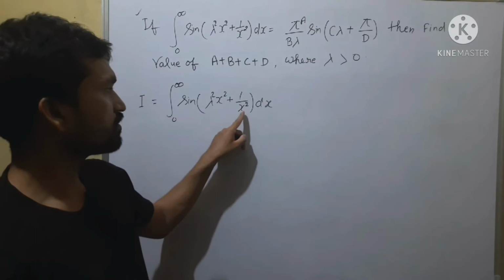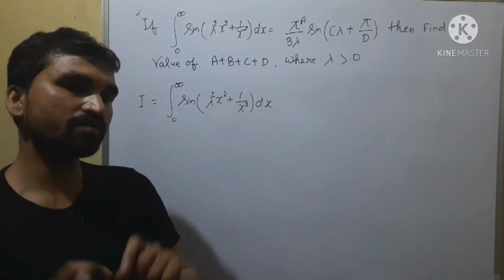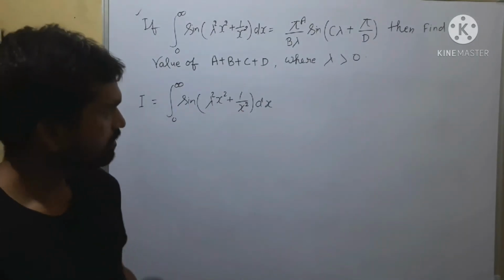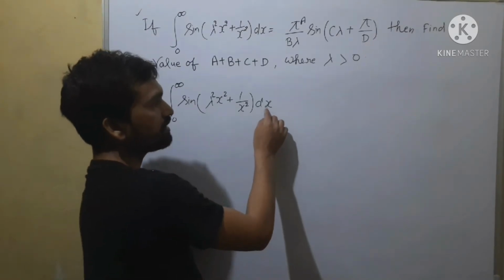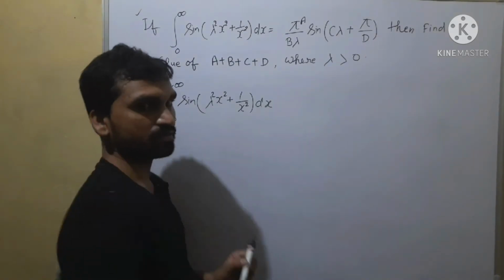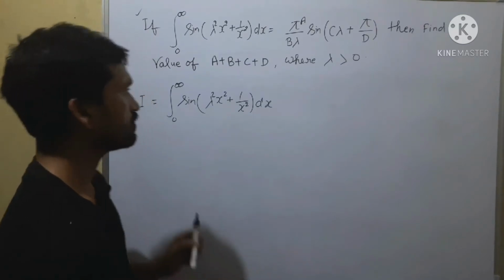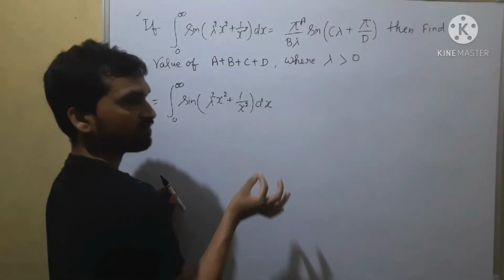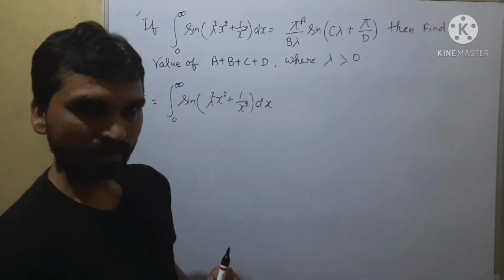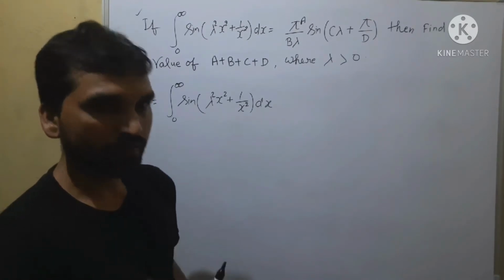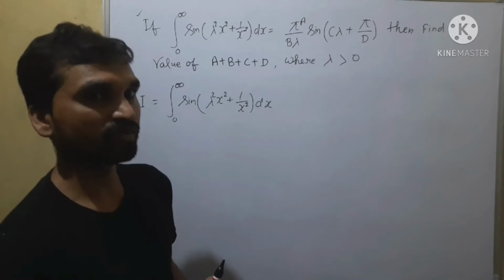X square and 1 by x square are reciprocal of each other. But here dx contains only x. So we lack a 1 by x. So we have to achieve a term d of 1 by x.